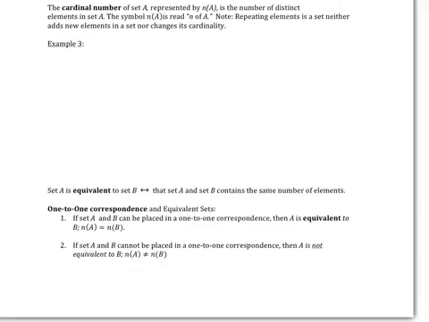Okay, so let's continue talking about sets. So we were here, this is where I left off. Let's talk about what equivalent means when we're talking about sets. Set A is equivalent to set B, and the symbol right here means if and only if.